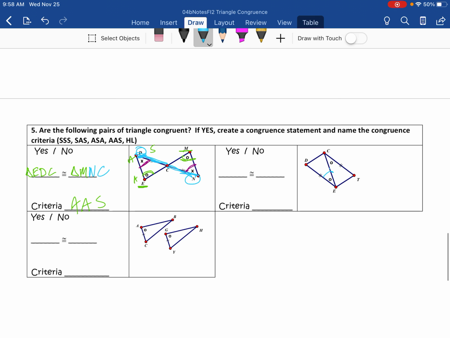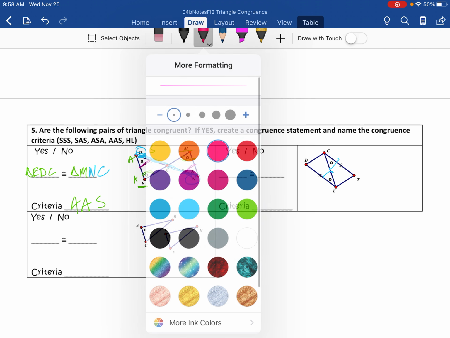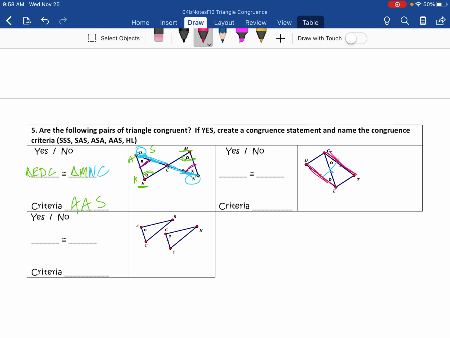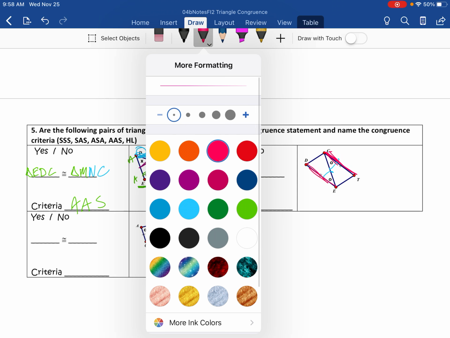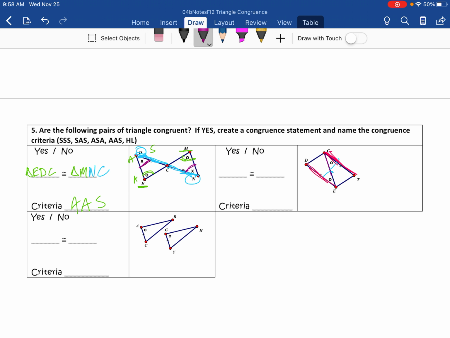This one here, this angle is congruent to this angle. This side is congruent to this side. And this side they share, and so this would be yes, this would be side, angle, side. And so I'm going to say, let's say triangle DEC.